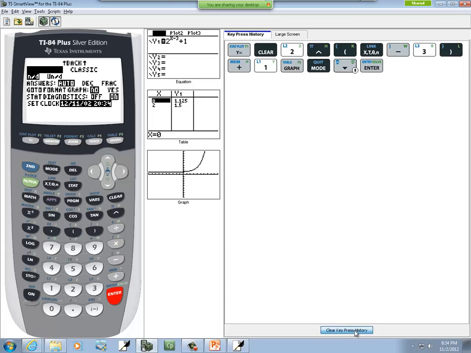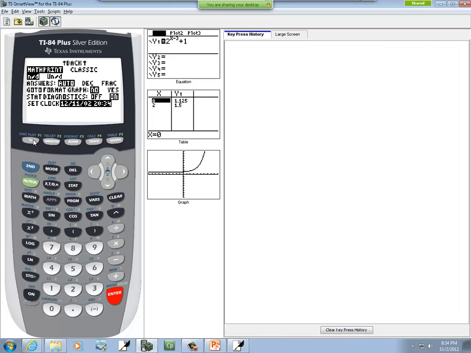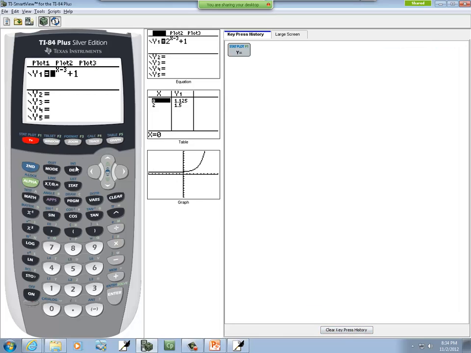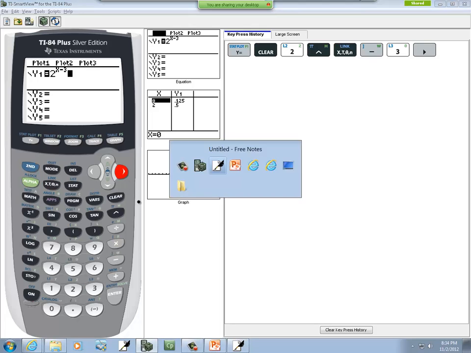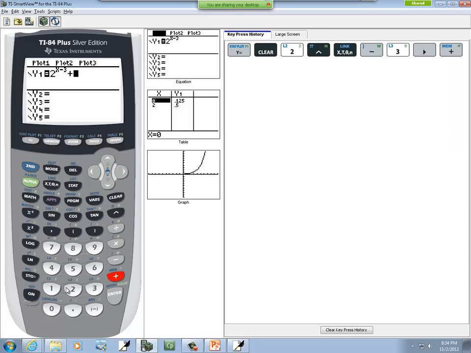What you'll do is when you go to y equals and you press clear and you put in your 2 and then you go to put in your x minus 3, you'll do a caret and it throws you into exponent mode. So then you do x minus 3. You press your right arrow key to get out of exponent mode and then you put your +1 in. And then graph. That only occurs on the newer TI-84s and above.